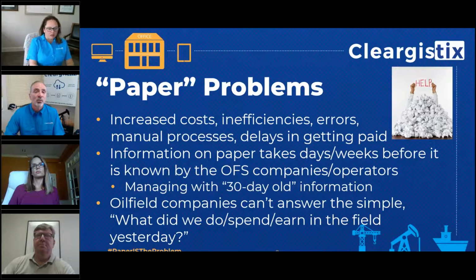One of the biggest things we're finding is the delay in management information. Because the item is documented on paper before it is turned into management information in the company, it can be a substantial amount of time. Whereas with Cleargistix, you have the information right away and in real time, thanks to our cloud-based infrastructure.